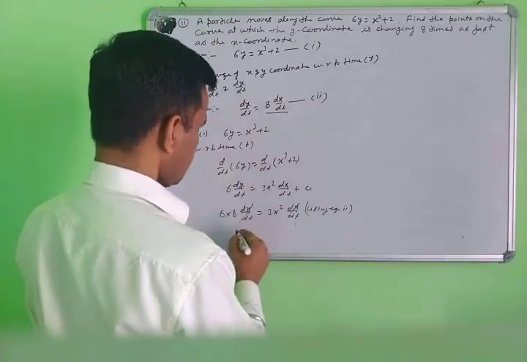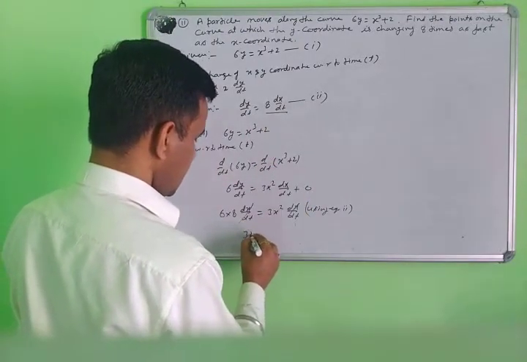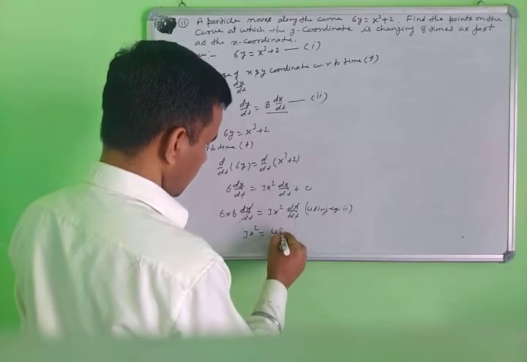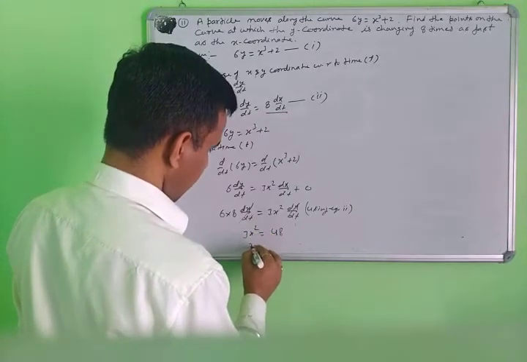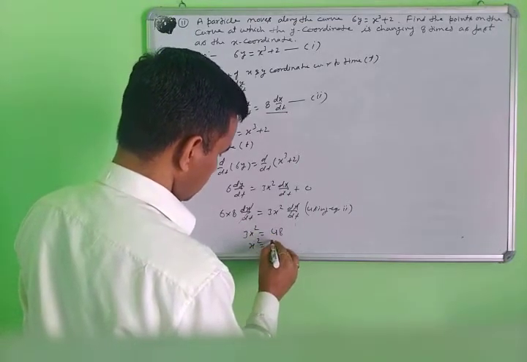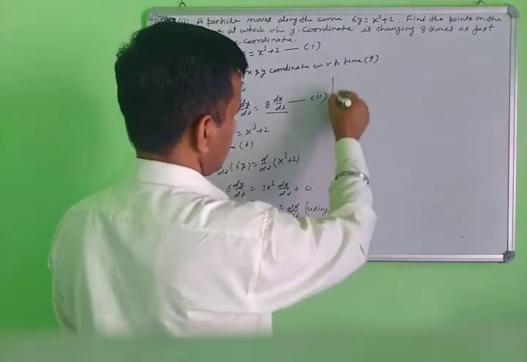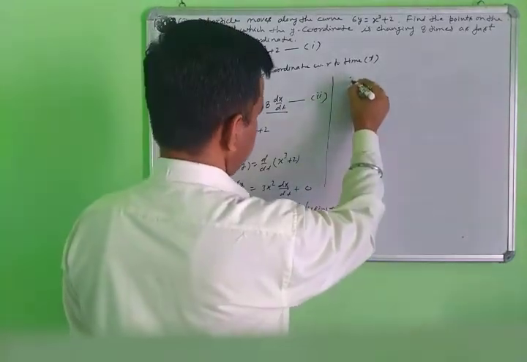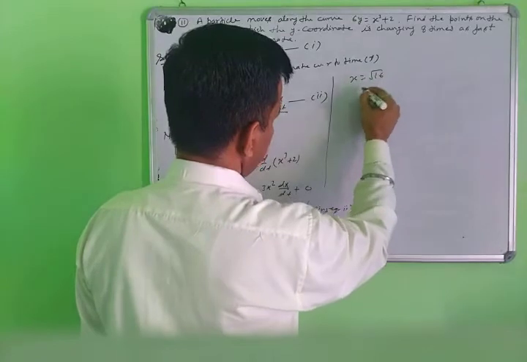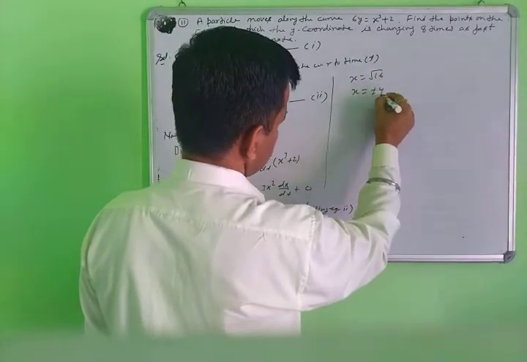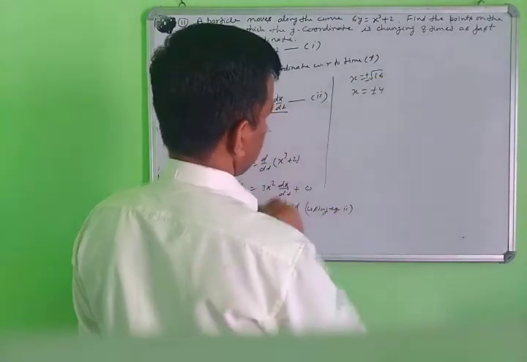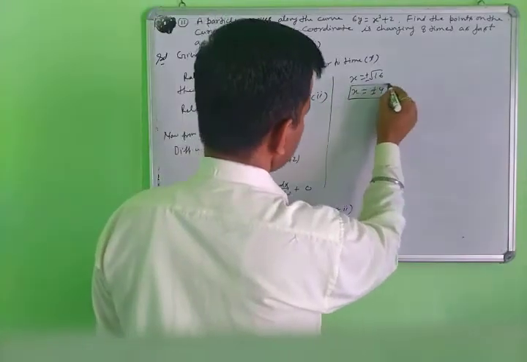What is left? 3x square equals 48, so x square equals 16. Then x equals root 16, so x equals plus minus 4.